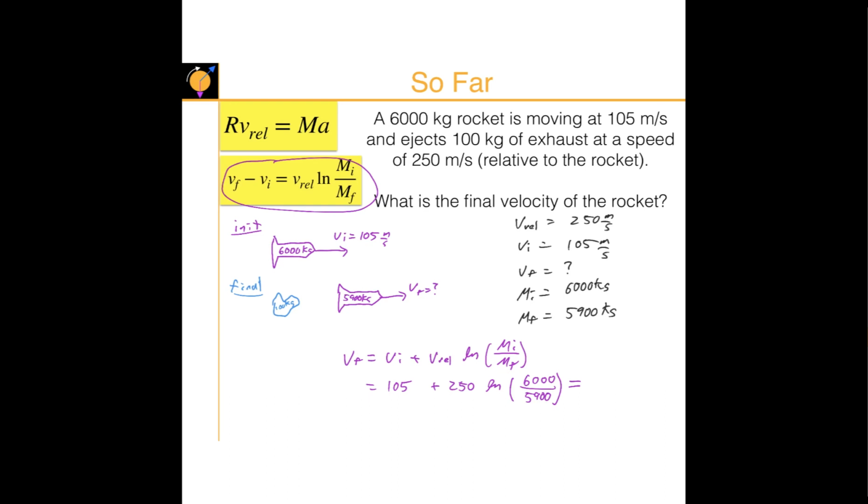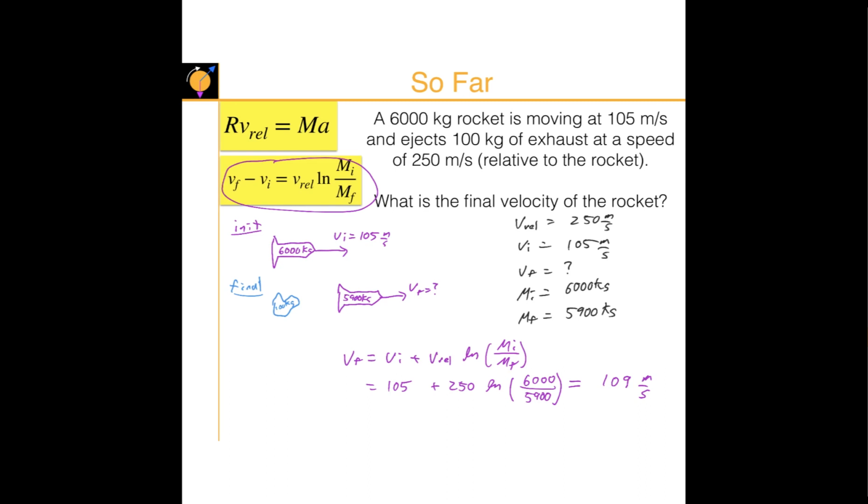So 105 plus 250 times the natural logarithm of 6,000 divided by 5,900. And that gives me a final speed of approximately 109 meters per second.